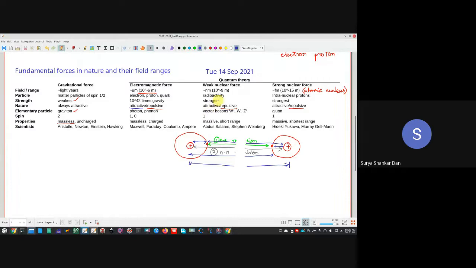All right, now we go to the weak nuclear force. This is again an atomic phenomenon, which primarily leads to radioactivity. This is what gives you, let us say, X-rays, gamma radiation, alpha rays, and all that. Notice that this is happening at the order of nanometers.